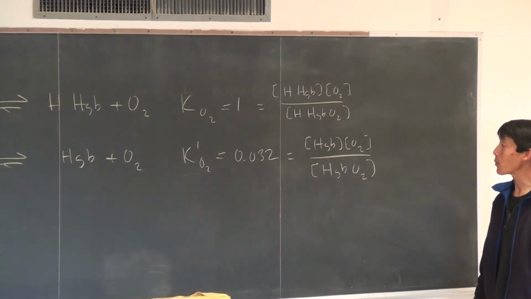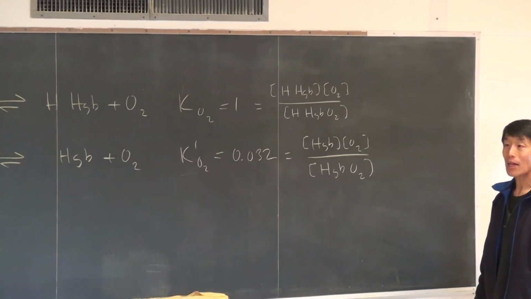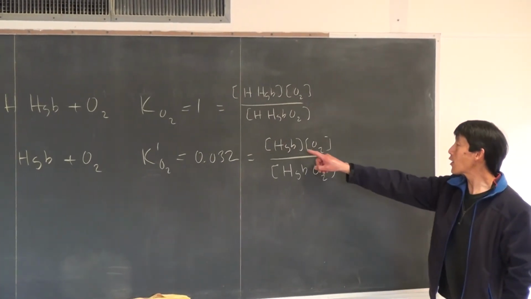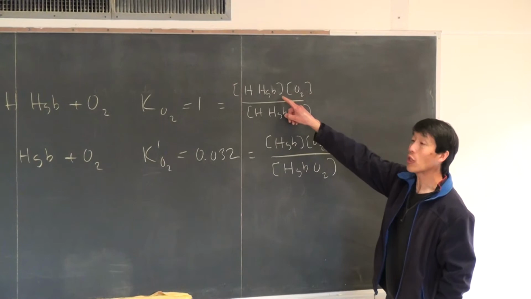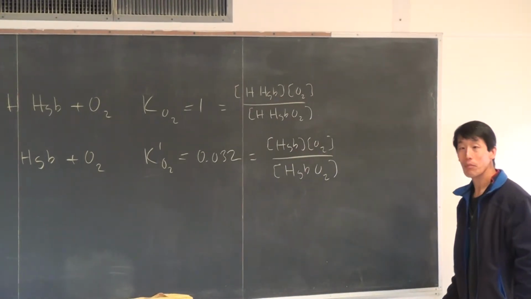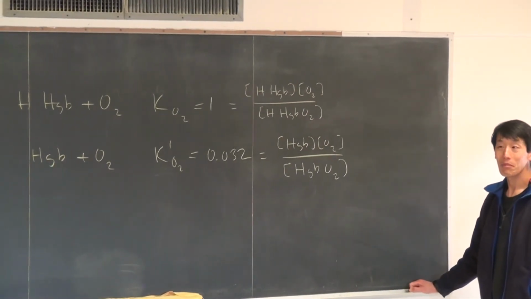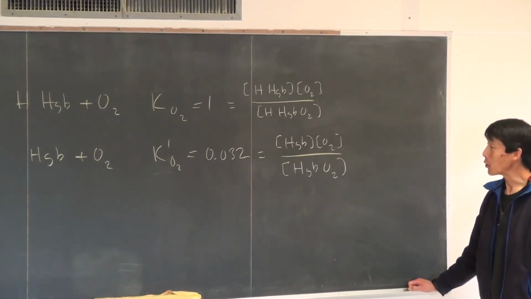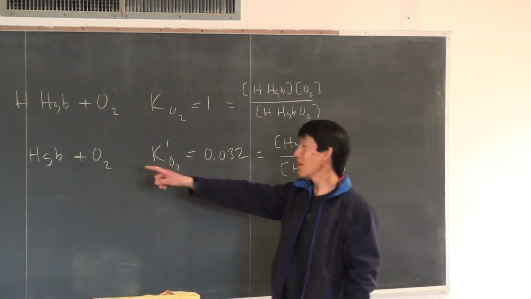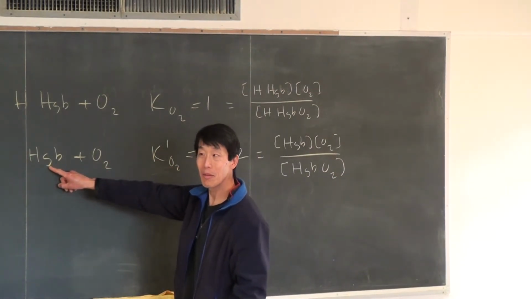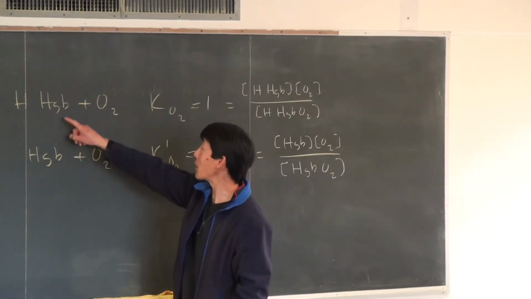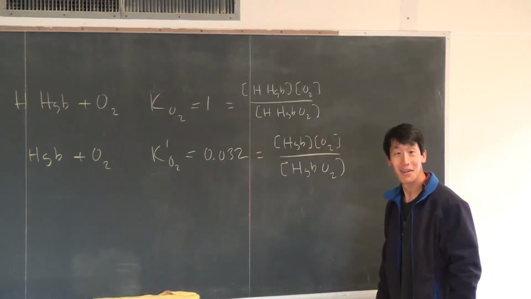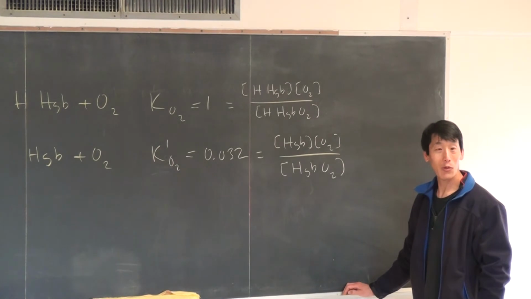So based on these equilibrium constants, which one has a higher affinity to oxygen? The HGB or the HHGB? Who says it should be the HGB? Who says it should be the HHGB? Okay, so how come the rest aren't voting?